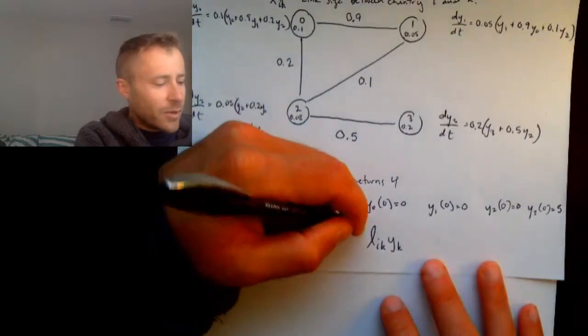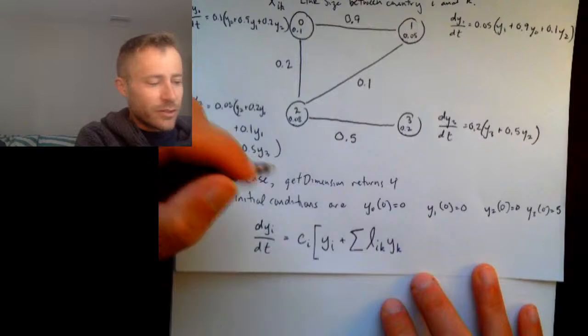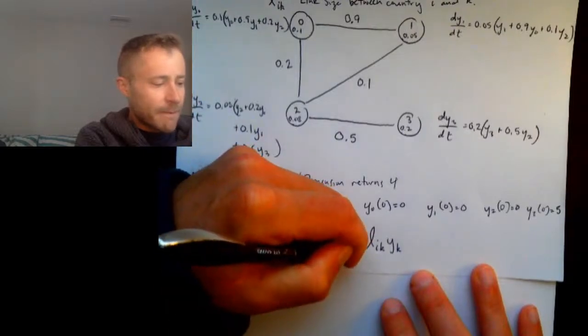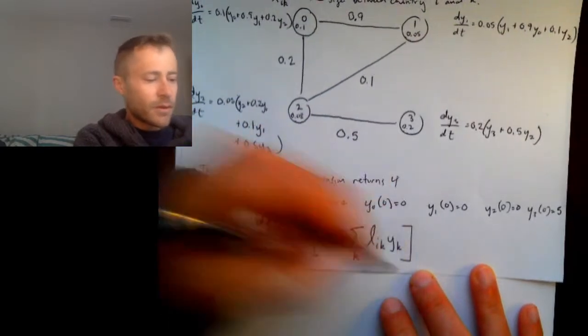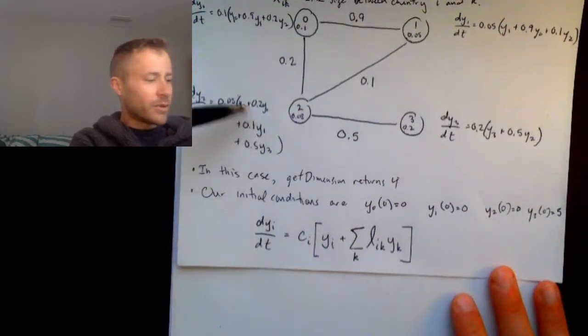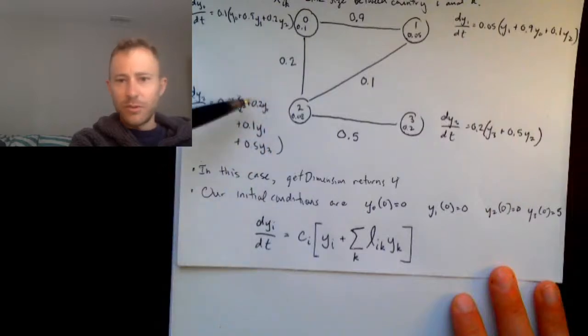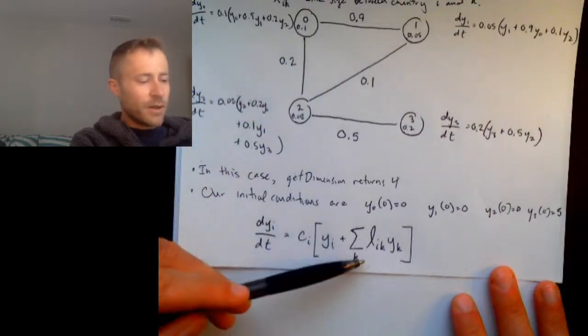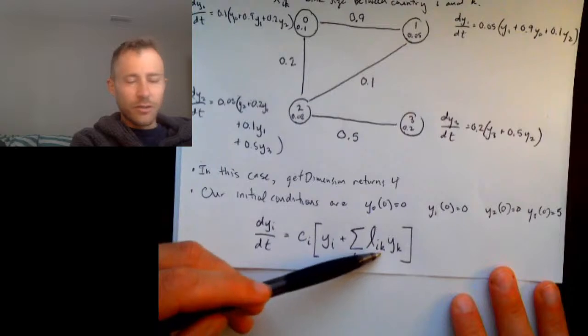And then we want to sum over all of the countries that it links to. So this represents these other terms, like for example, these 3 terms. We're summing over all of the countries that link to i.